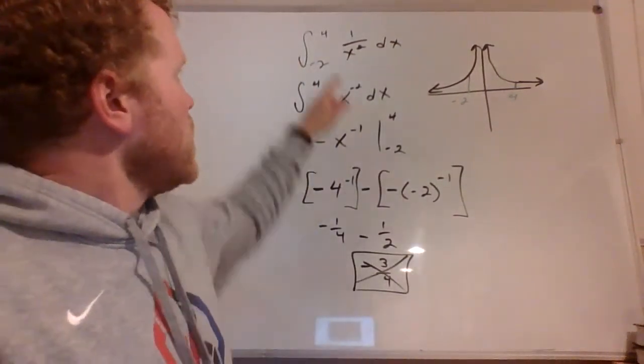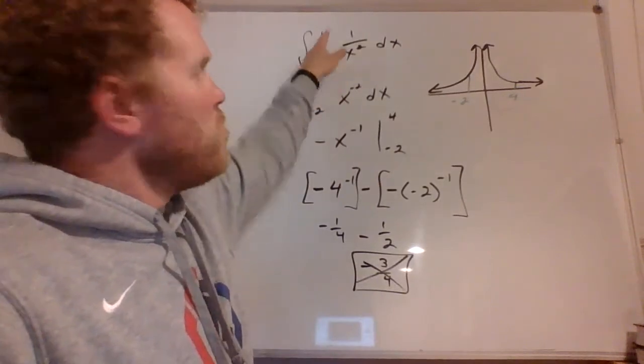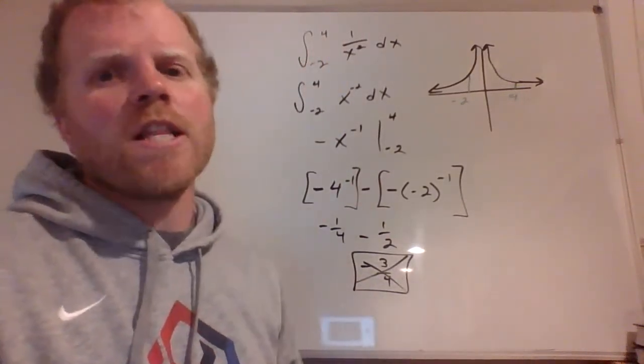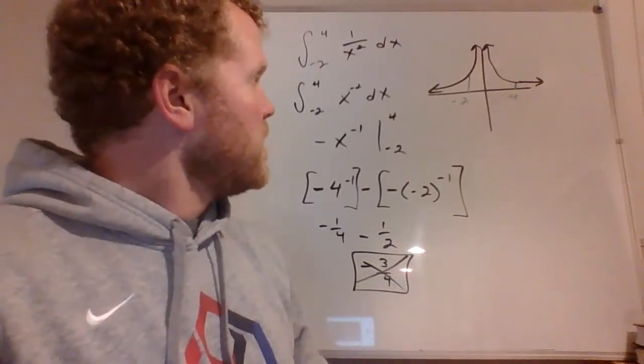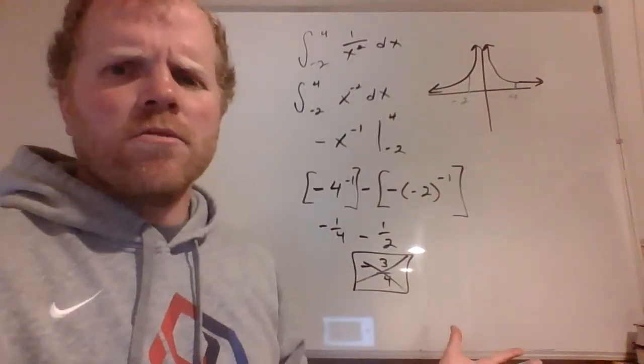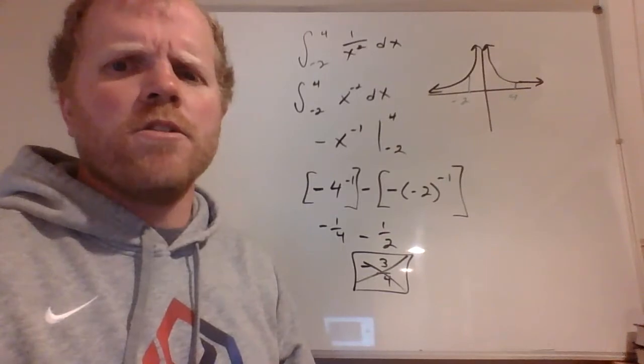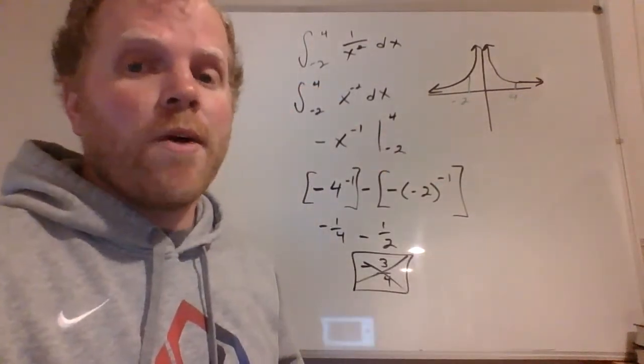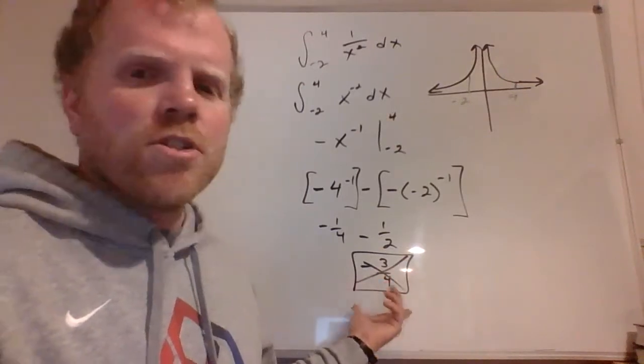So your function needs to be continuous from negative 2 to 4 in this case. So those are your integration limits. That's where you're finding the area. And that's an unbounded region. We kind of don't know how to do that. It's not closed. So this value is just meaningless.